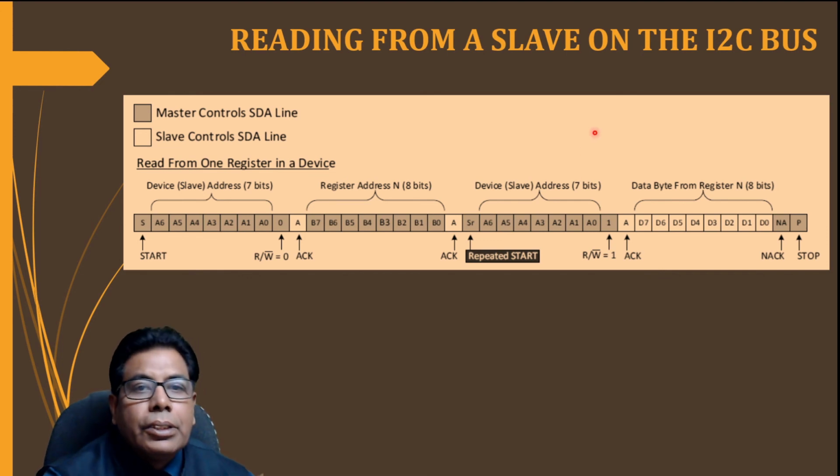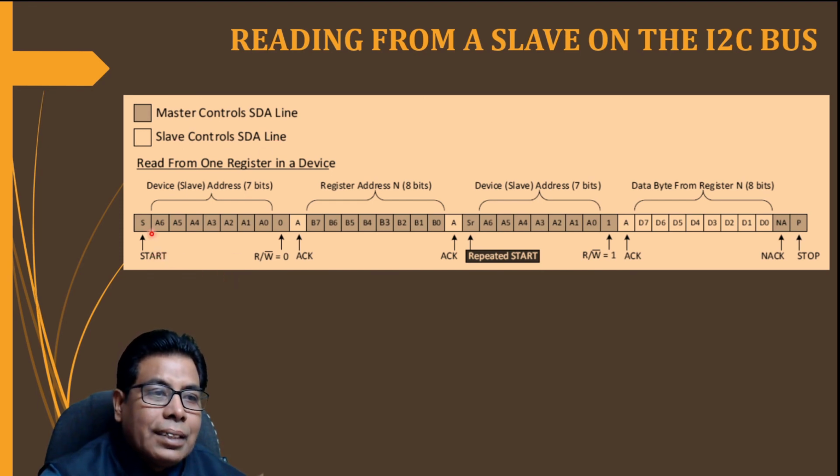Here the figure shows these things. So you can see the gray one is the master control SDA line, and this is the slave control SDA line. So master will send the start first, and then this is the slave address A6 to A0, 7-bit slave address. Then first case the RW bit will be 0, indicating a write.